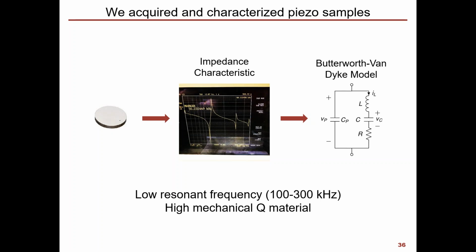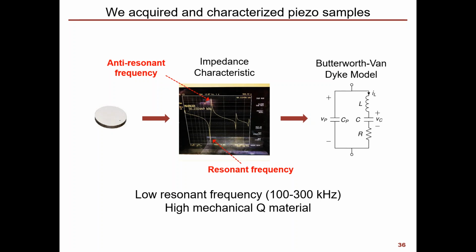So we acquired several different piezos. We hooked them up to a network analyzer to see what their impedances look like. A classic thing about piezos is they have a resonant frequency, which is the low impedance point, but they also have an anti-resonant frequency, which is the high impedance point. The resonant frequency is essentially just the series combination of L and C in the mechanical branch.